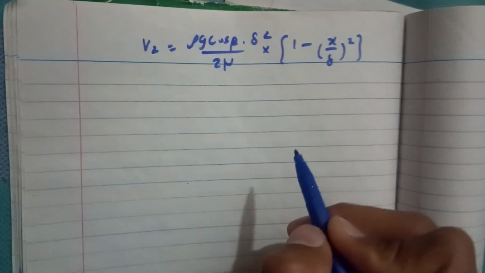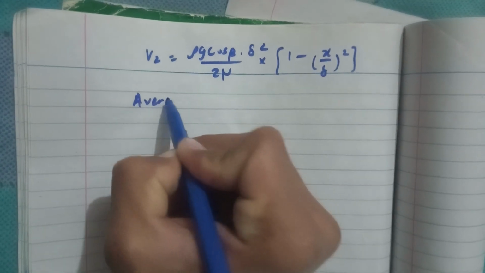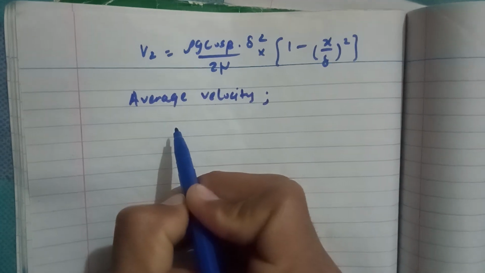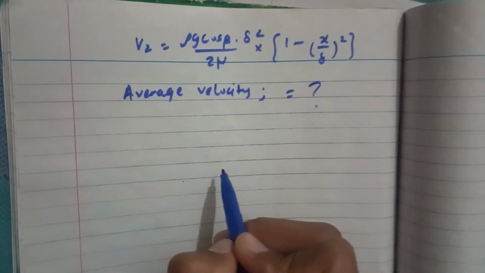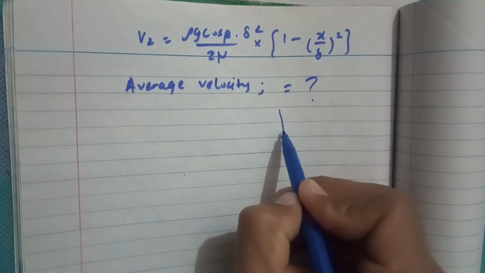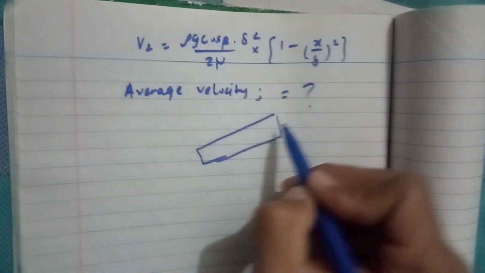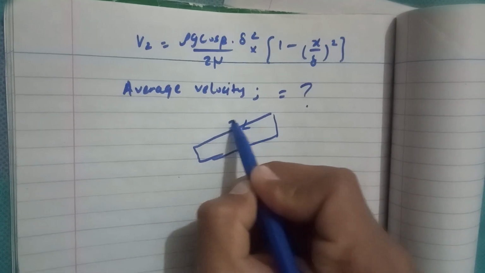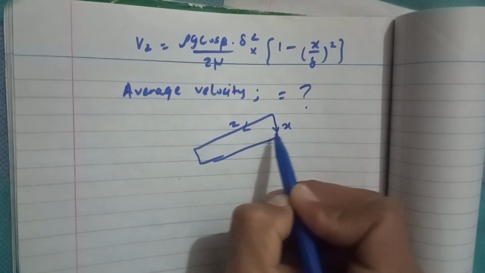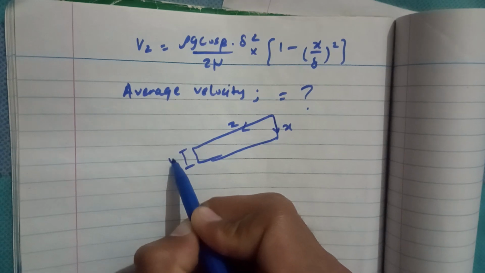Now most of the students face difficulty while calculating the average velocity. So in this video I'll tell you how to calculate this average velocity. Let us consider a shell having flow in z direction and depth in x direction, whereas width is in y direction.